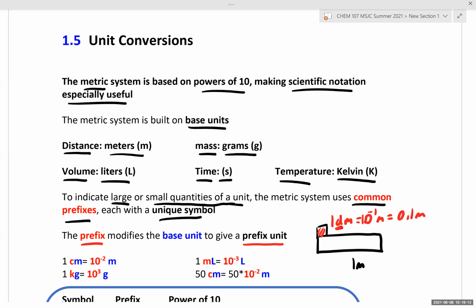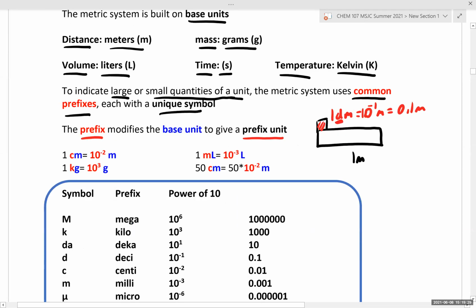A meter is our base unit. The prefix modifies the base unit to give a prefix unit, which represents a small or large quantity of our base unit. So for example, each of these prefixes corresponds to a power of 10 amount of our base unit. A centimeter, 10 to the negative second meter.